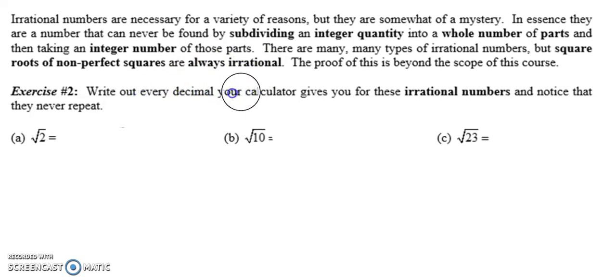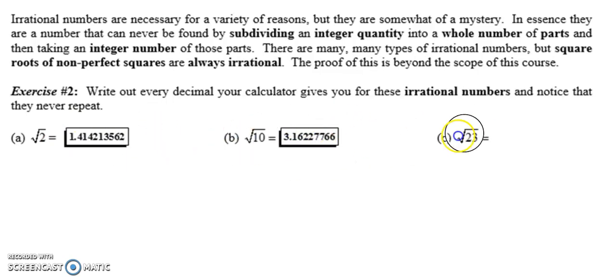We'll give you some examples here. Write out every decimal your calculator gives you for these irrational numbers. Notice that none of these are perfect squares. You can't take the square root of 2, can't take the square root of 10, and can't take the square root of 23. So go ahead and hit pause and just put them in your calculator really quick. All right, you should have gotten something like these numbers, and notice that there are no repeats.